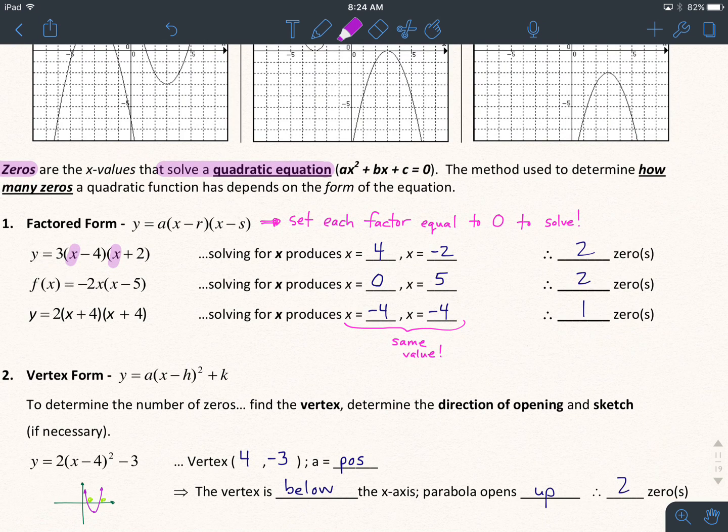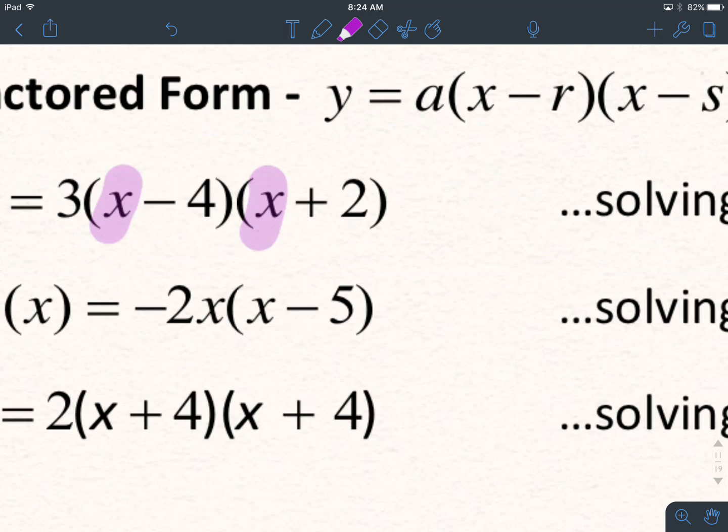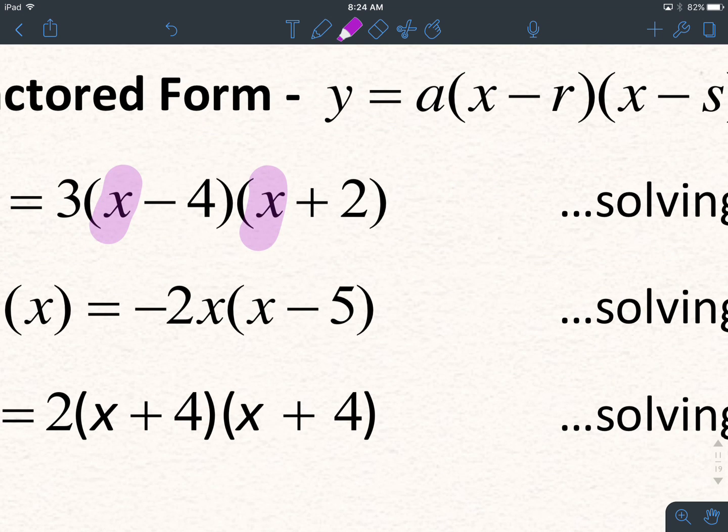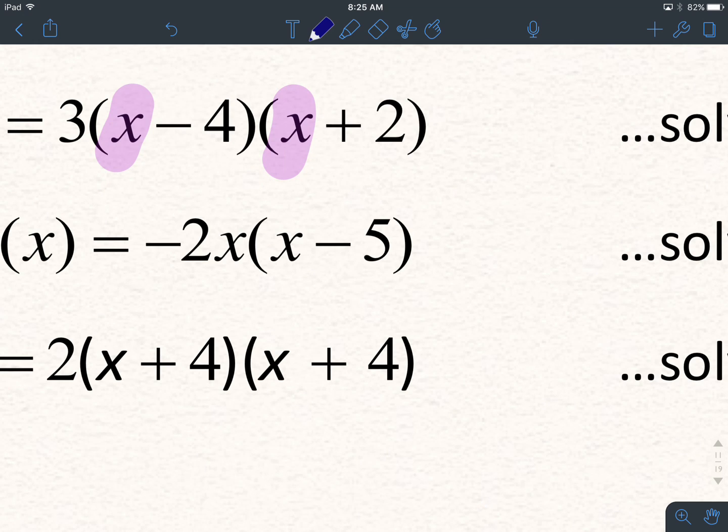The only one that's a little bit odd is the second one where we have -2x and then bracket x minus 5. A way to write this that might be a little bit more clear, and we did this when we were doing our graphing, would be to write this as -2 times (x plus 0) times (x minus 5).